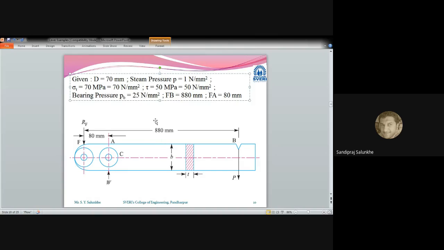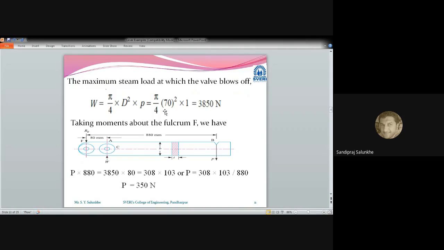So what we are going to do first is calculate what the value of W is and what the value of P is. Okay. So the W value can be calculated as the maximum steam load. Okay, here it is mentioned as a load. It is not a pressure at which the valve blows off.